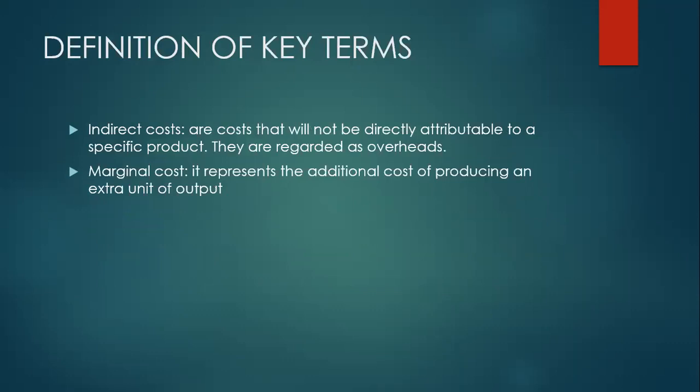Indirect cost. These are costs that will not be directly attributable to a specific product. I mentioned this earlier. Marginal cost represents the additional cost of producing an extra unit of an output. So marginal cost of producing, let's say, a bottle of water is the additional cost you will incur if you want to produce another unit of the bottle of water.